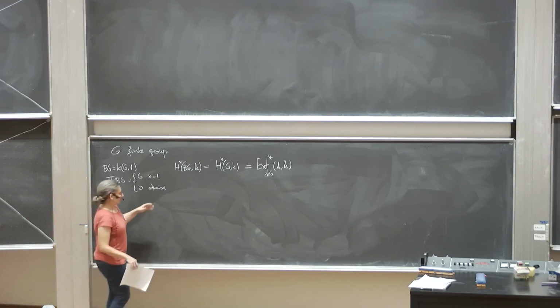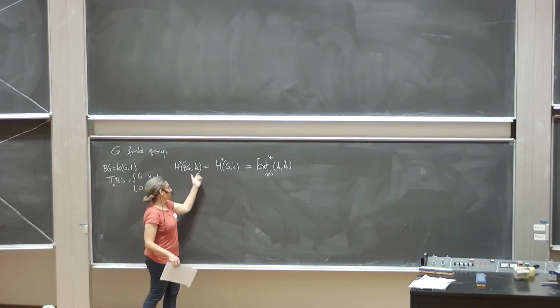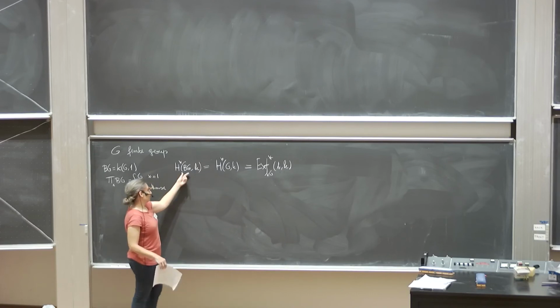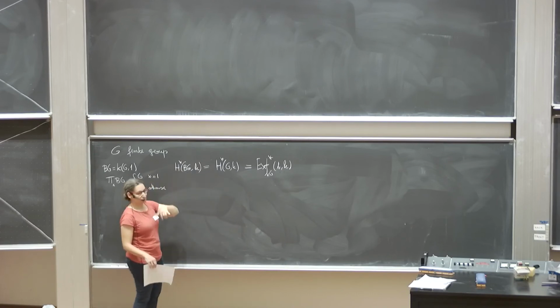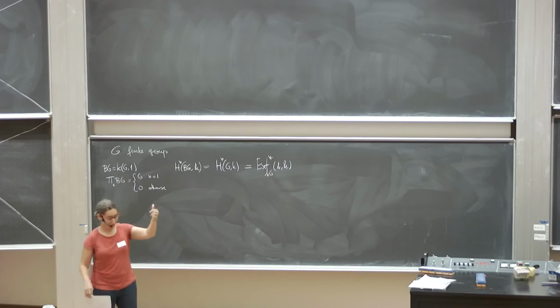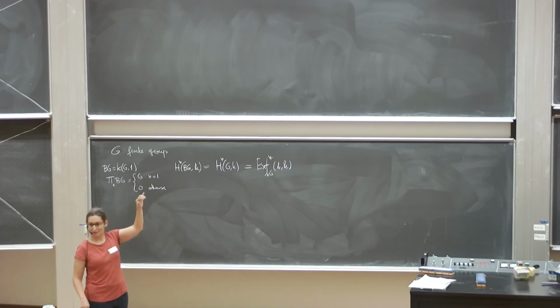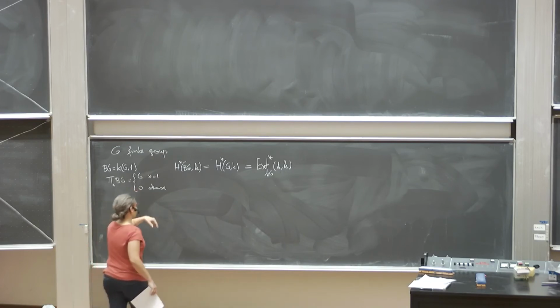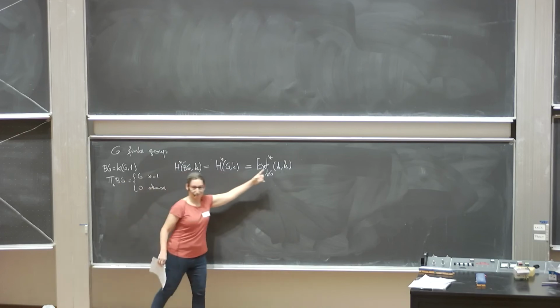And the way that connects is because if you take BG and you take the universal cover of BG, that has a G action, and when you look at the cellular complex, since the universal cover is contractible in that case, what you get is just a free resolution, in fact, of K with G modules, and that's the connection with Ext.